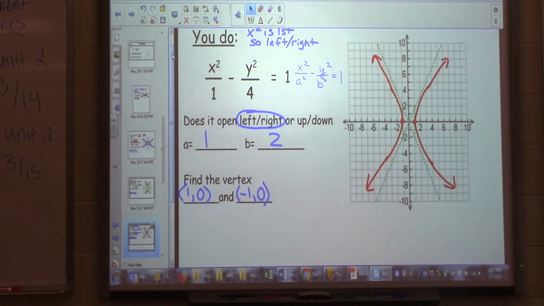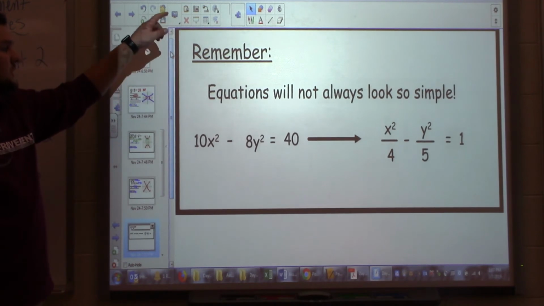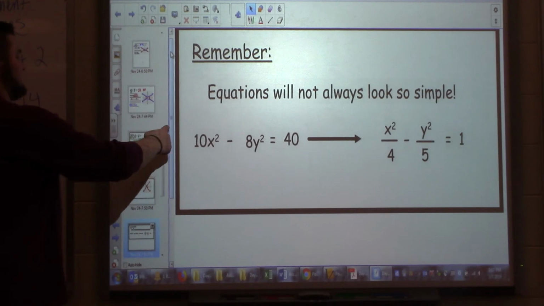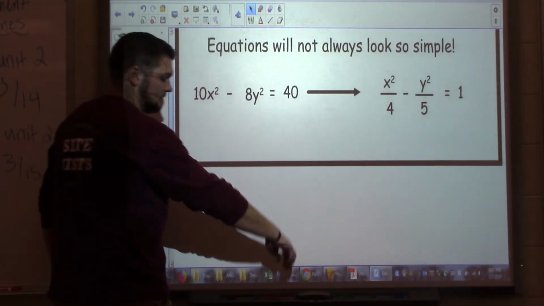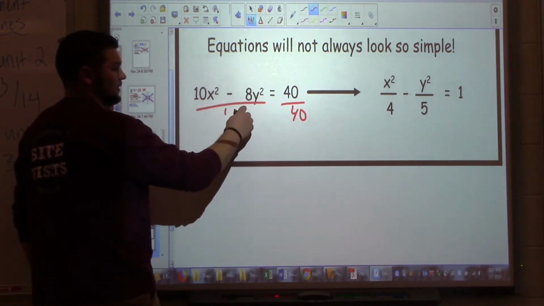No questions. Alright, we have one more problem to think about. Equations will not always look so simple. We talked about the ellipses. If it doesn't equal 1, you need to make it so it does equal 1. In this case, it equals 40. So I'm going to divide by 40 on both sides.